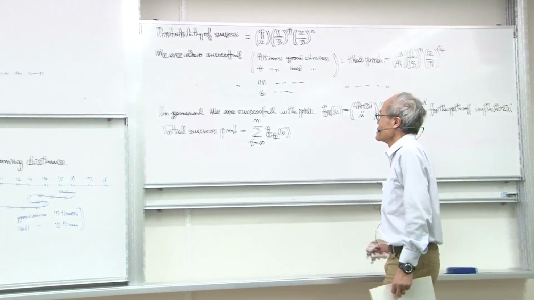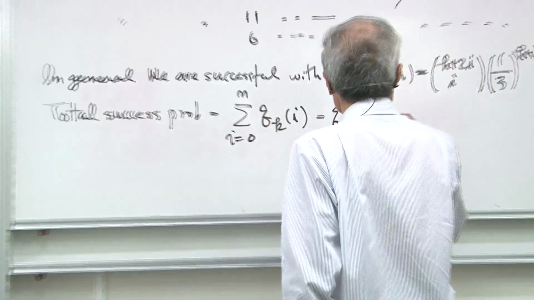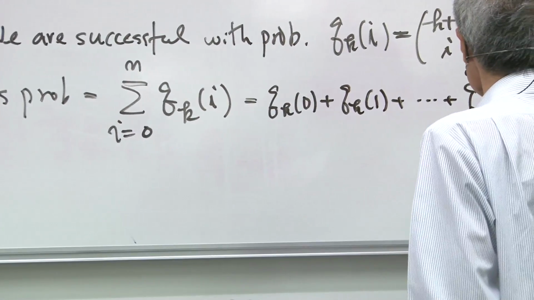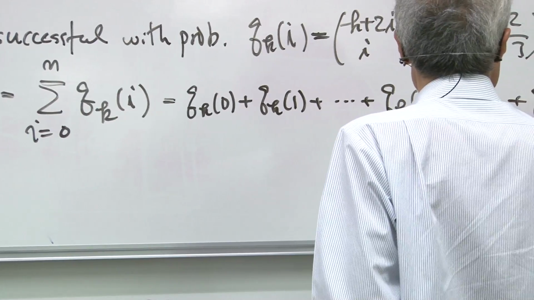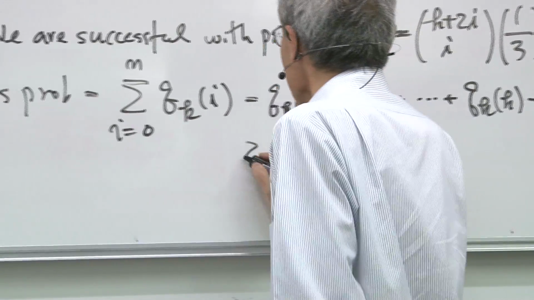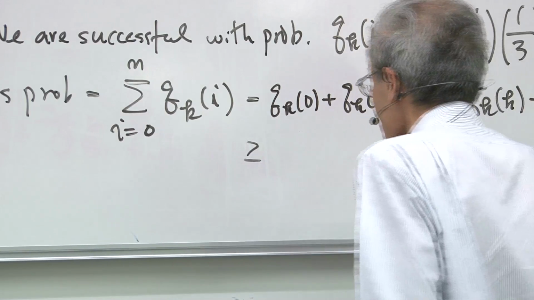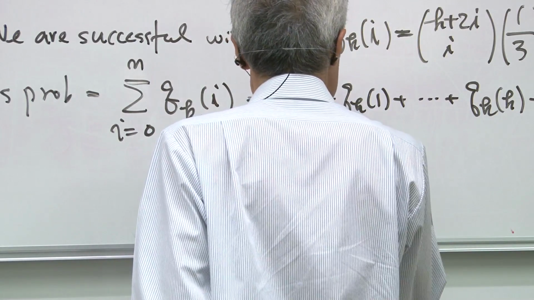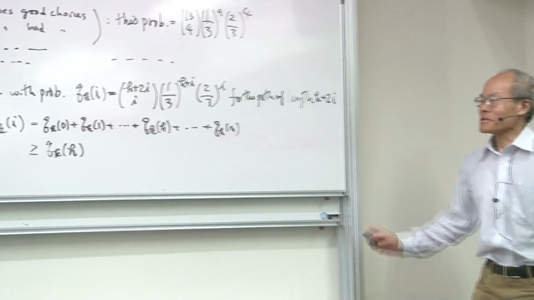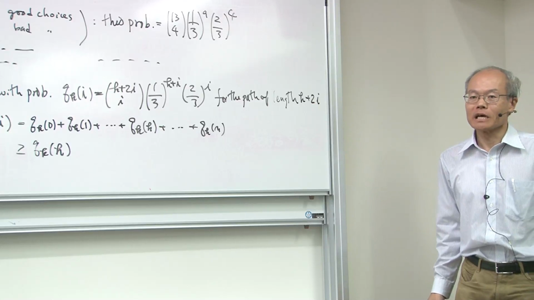This is, of course, q_{k,0} plus q_{k,1} plus q_{k,2} plus ... plus q_{k,n}. I'm going to do this kind of very rough approximation, but that is enough.